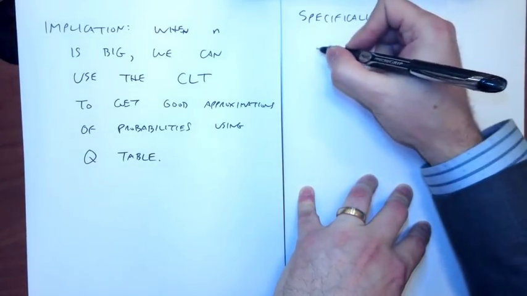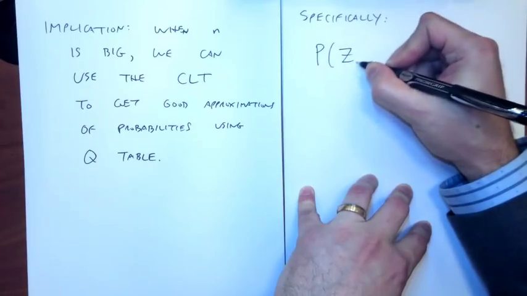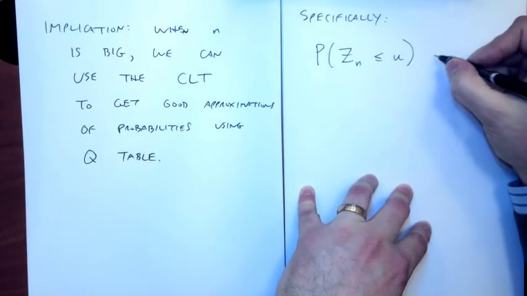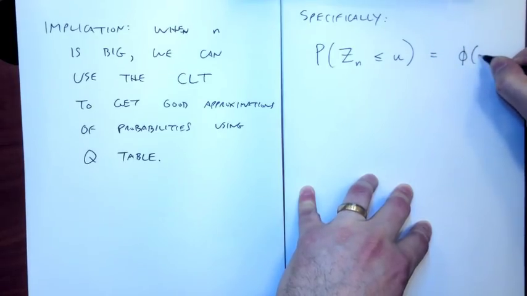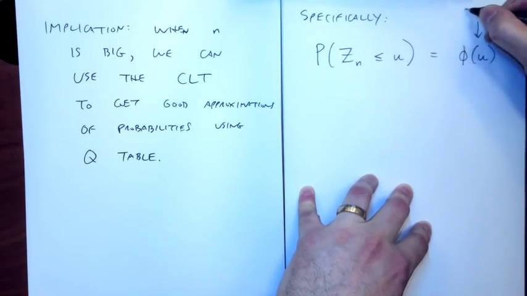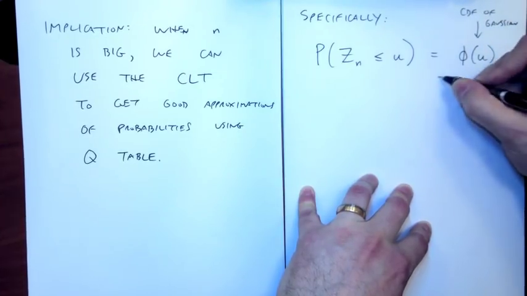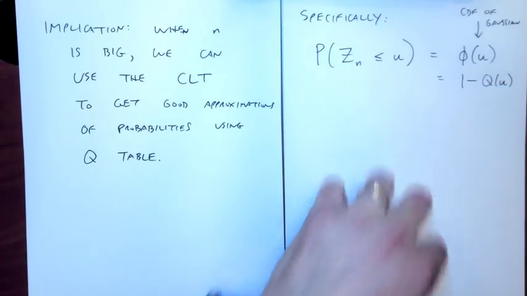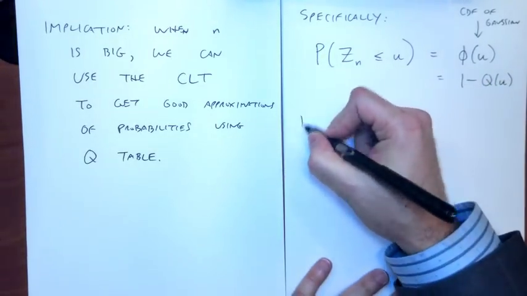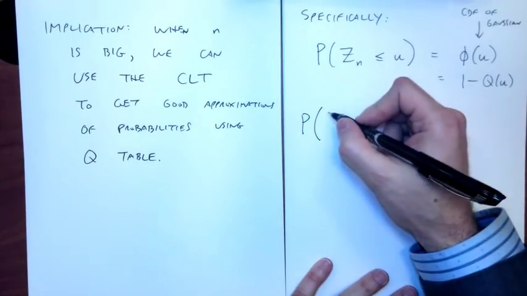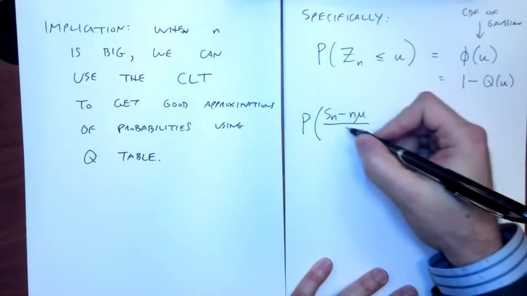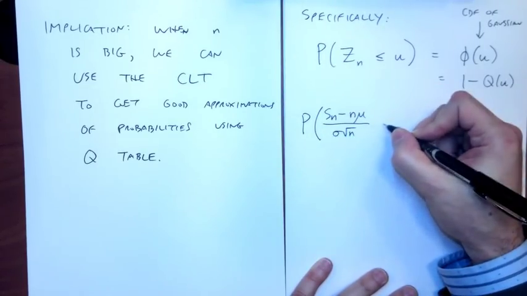So what we said earlier was, if I normalized the Zn in a certain way, this is the CDF of the Gaussian, which I said was basically 1 minus the tail of the Gaussian, okay? And let me rewrite what this Zn was, because Zn is not always the handiest way to talk about things. So if I were to renormalize, this is the definition of Zn.